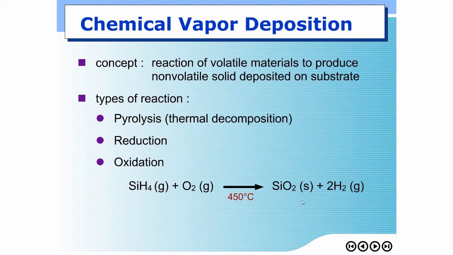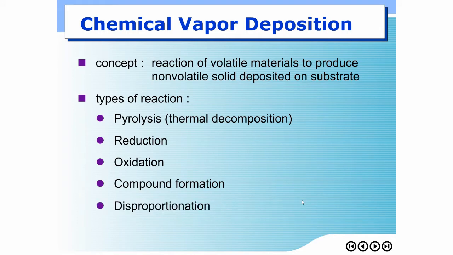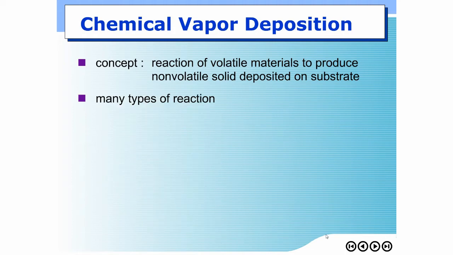You should notice that temperature and conditions would change with respect to the reaction that we use. We can form compounds. We can also use a disproportionation reaction, just like this reaction. Basically, I just want to say that there are so many types of reaction, but it would be more convenient if, on the right hand side of the reaction, only one product is a solid.